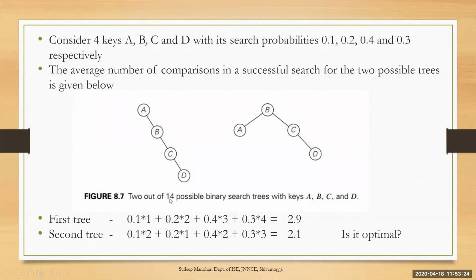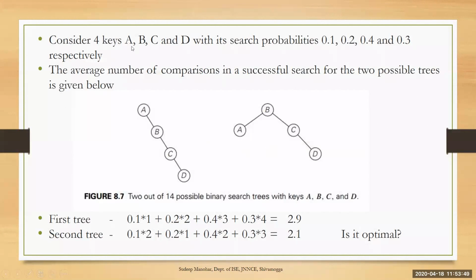Still, there are 12 trees remaining. We have taken only 2 trees out of 14. For which tree will we get the minimum value of average comparisons? That we have to calculate. Is it feasible to draw all the 14 trees and calculate this? For 14 trees, you may find it easy.